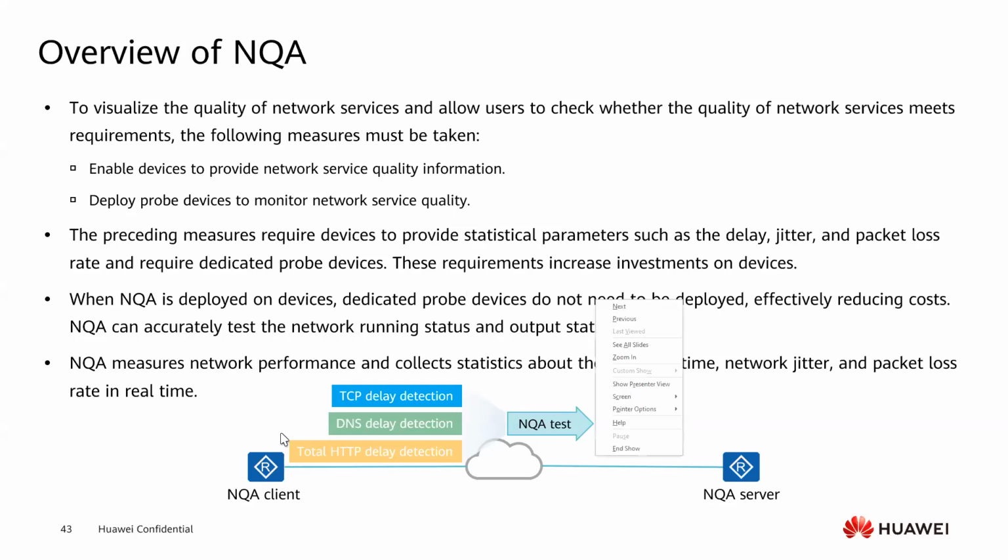NQA works this way: the NQA client creates some HTTP packets. These packets are not real traffic. It just creates some HTTP packets and sends them out to the NQA server, which is used as an HTTP server.